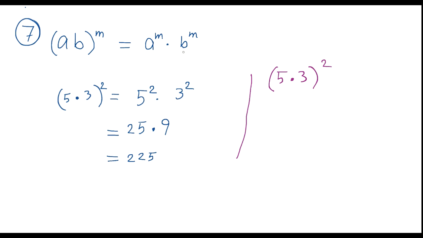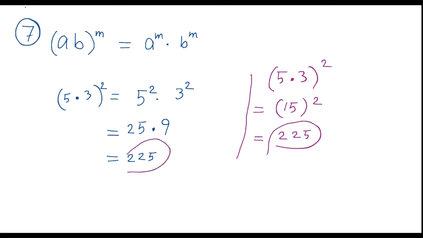That's why we have to have this expression like this. But here we have the numbers, we can multiply, we can do the operation inside. So it will be 15 squared, right? And if you have 15 squared, the answer will be 225. We have the same answer with both calculations.